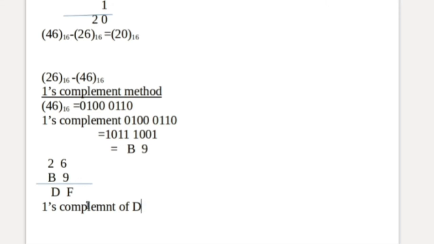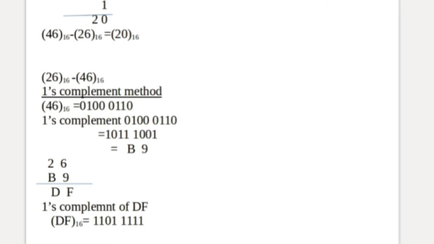Okay, so first you represent DF in hexadecimal. DF base 16 is equal to 1101 1111.